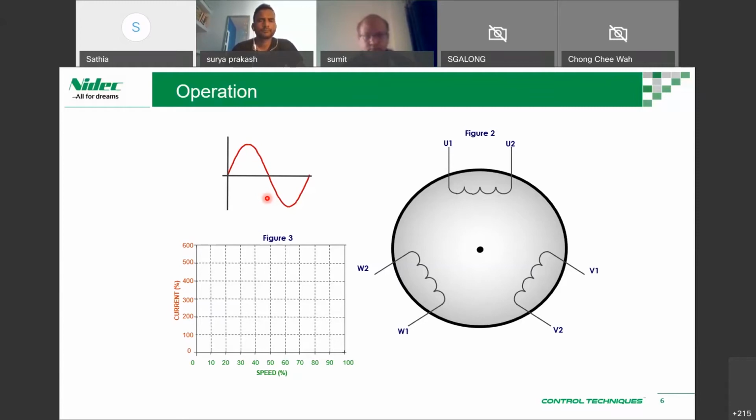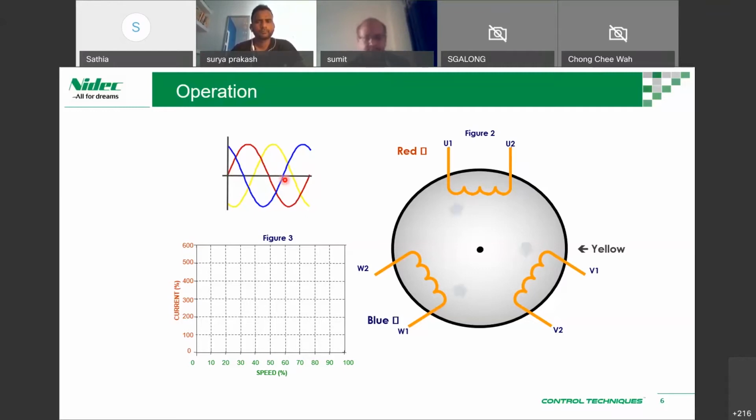This is L1 or red phase, which is connected to U1 to U2, and then you have the yellow phase or L2, which is separated by 120 degrees. Then you have blue phase or L3, which is separated by 240, or it's lagging or leading by 120 degrees. So every single phase is separated by 120 degrees. A 360 full angle divided by 3 gives you 120 separation between the phases.